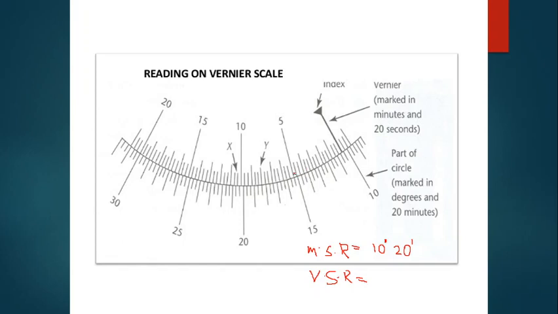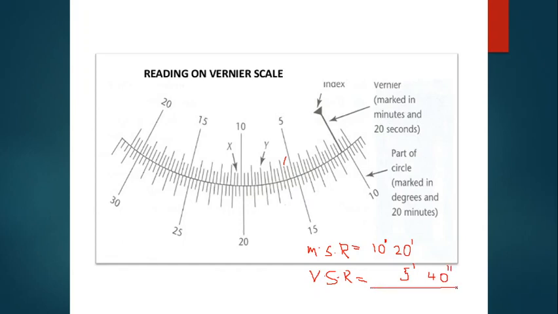From here, maybe this particular line is exactly coinciding with the main line. Let us say this is an exact coincidence, then it is 5 minutes and 40 seconds. Therefore I can write the vernier scale reading as 5 minutes and 40 seconds.